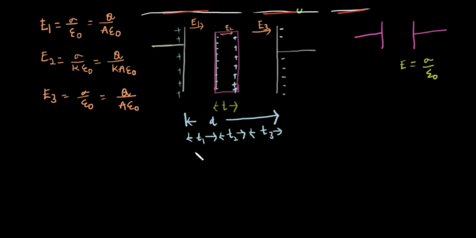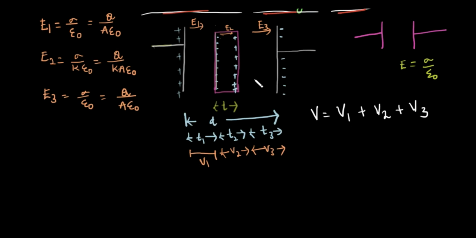Now the potential from this positive plate to here is V1, across the dielectric is V2, and from here to here it is V3. So I can write V is equal to V1 plus V2 plus V3.